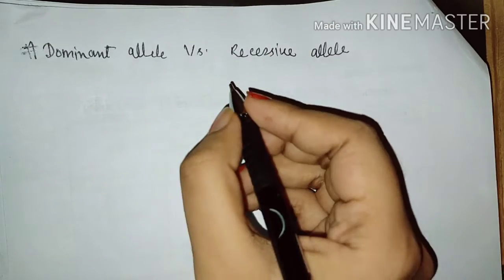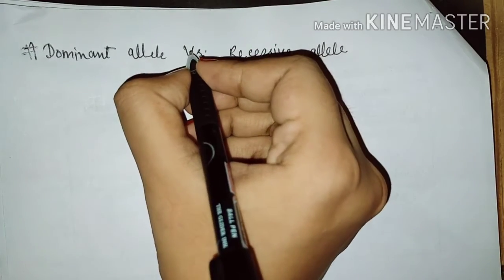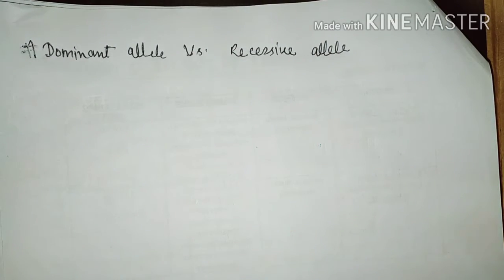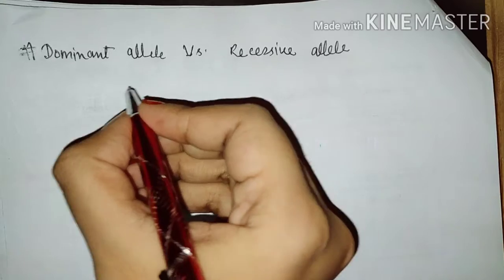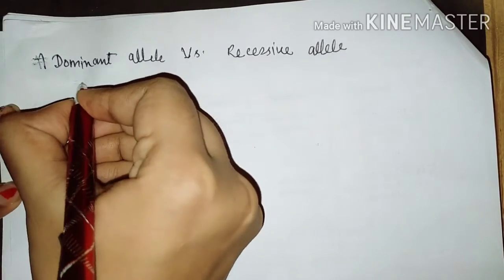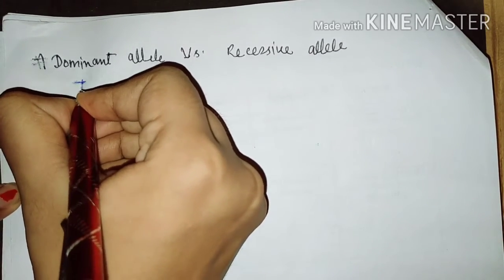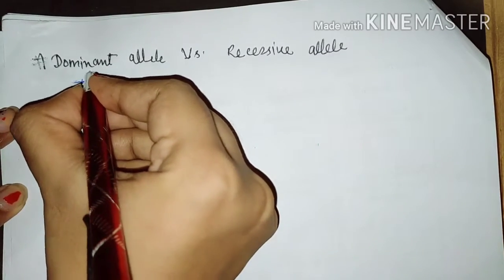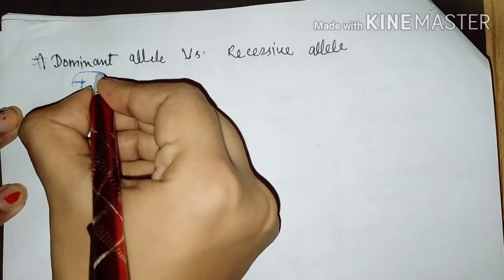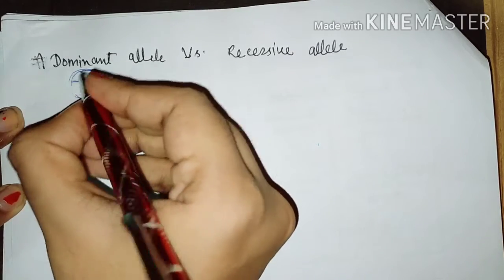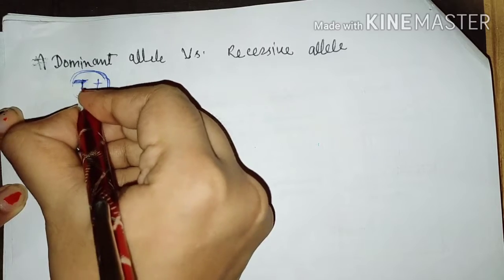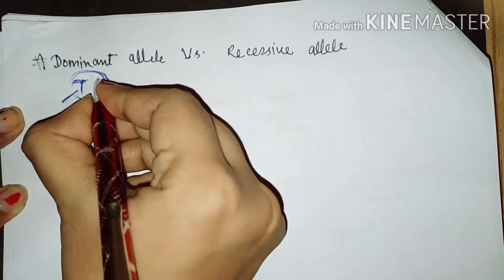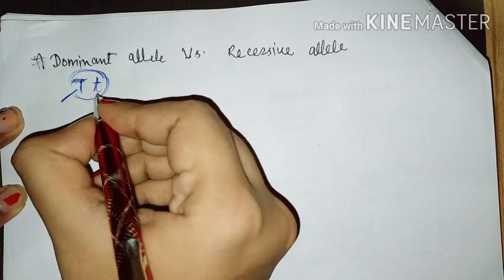When I was explaining the allele to you, I took the example of one gene, capital T and small t. Out of this, I told you that capital T represents tallness, small t represents dwarfness.